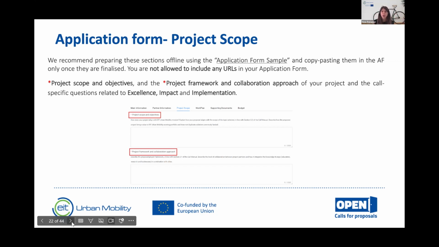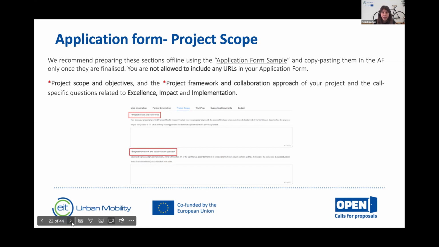This is a section where you have to write a lot. So in this sense, again, if you write directly in the application form, which is possible, you are at risk of losing the information that you are filling in directly on the platform.